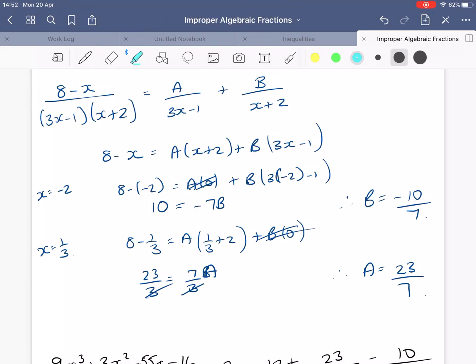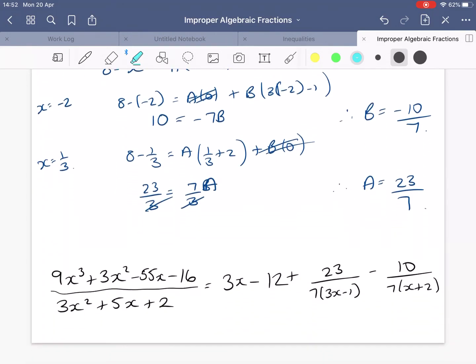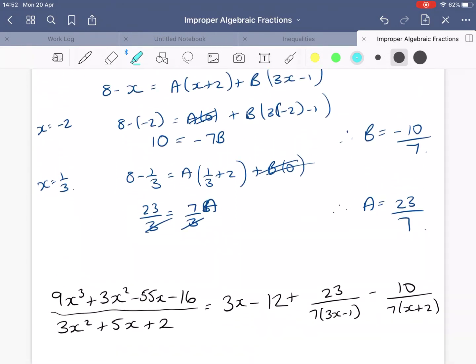And it's nice for me to show you how I would write B as minus 10 over 7. The way I would write it is minus 10 over 7. So that's the way I would put it in there. So you end up with 3x minus 12 plus 23 over 7 brackets 3x minus 1 minus 10 over 7 brackets x plus 2.